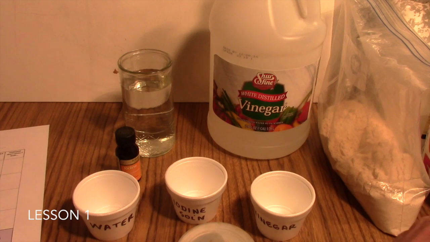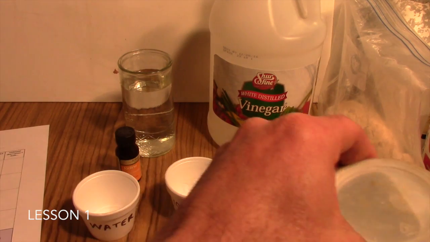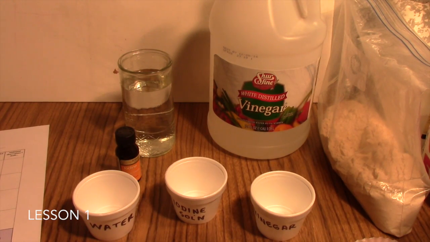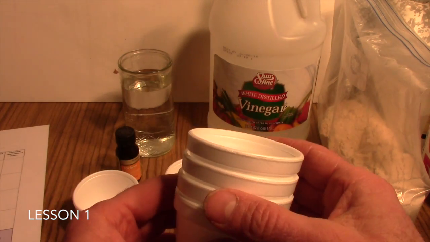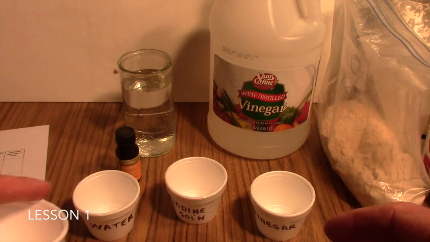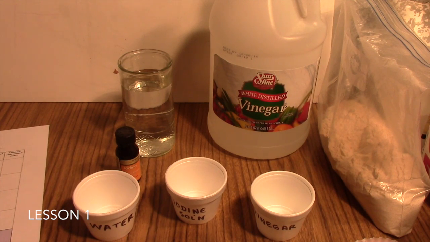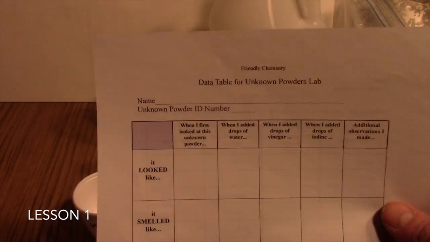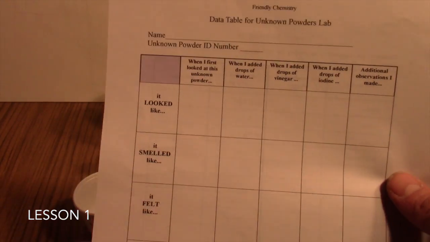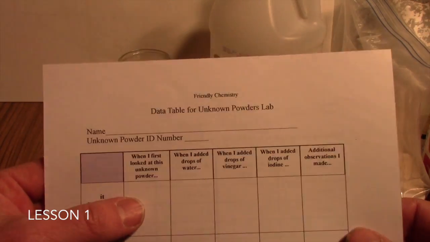Okay, so as many of these different powders as you choose to use, you'll need these cups to put samples in for your students. Let's take a look back at our data table now. So when your students first get their powder, they're going to make these observations using their senses.